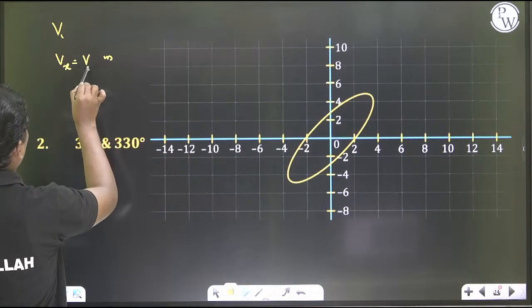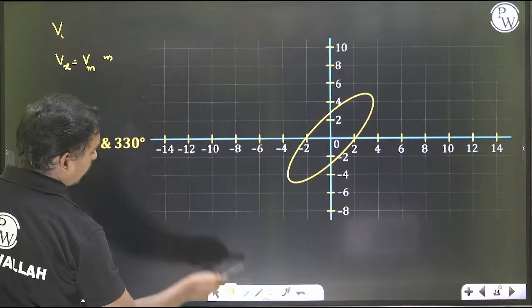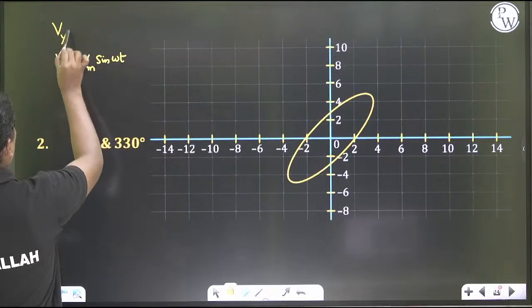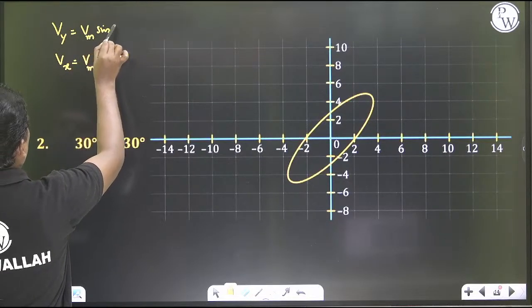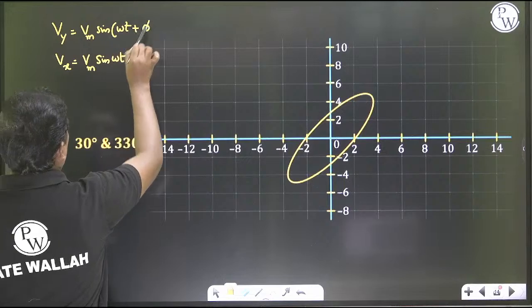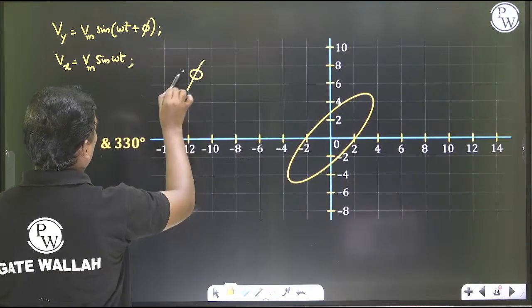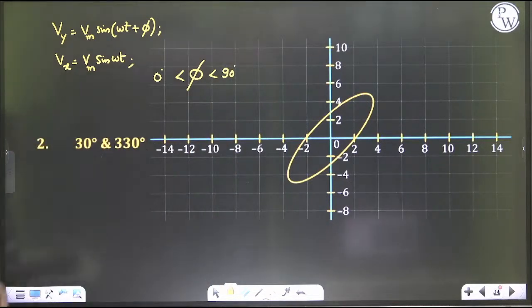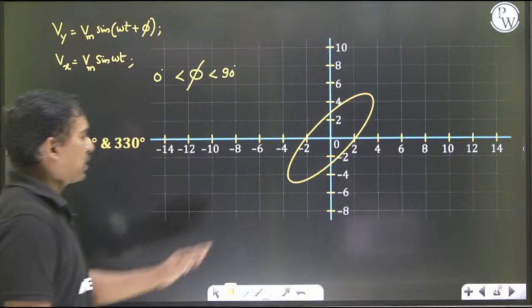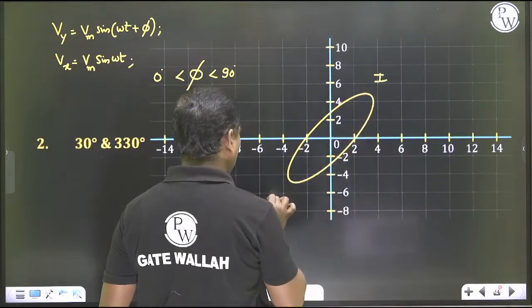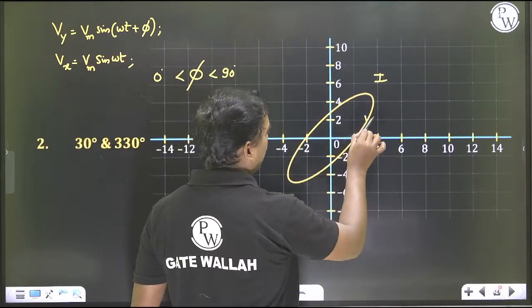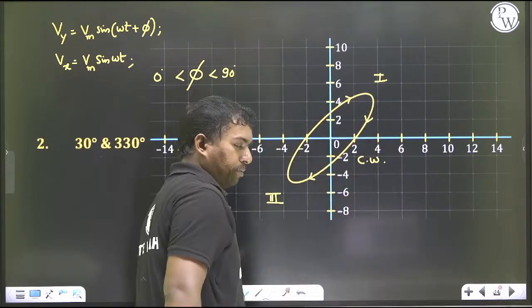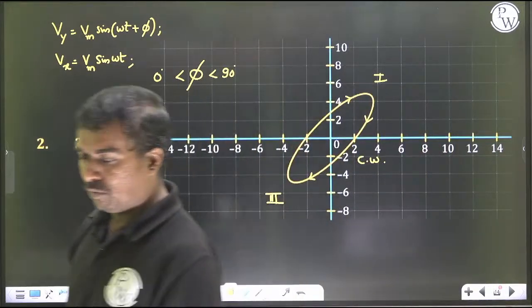Vx is Vm sin omega t, and Vy is Vm sin(omega t plus phi). This phi is greater than 0 but less than 90. In that case we are going to get an ellipse in the first quadrant and the third quadrant, and it is a clockwise ellipse. Clockwise. Please remember these points. Please make a note of these points.